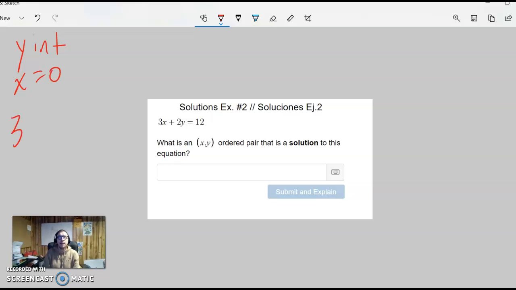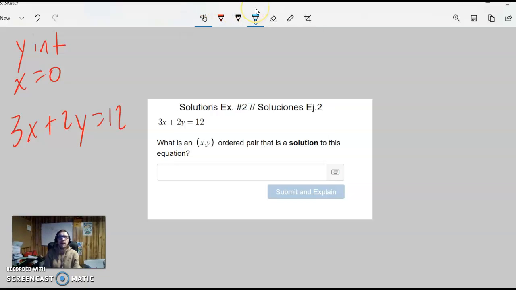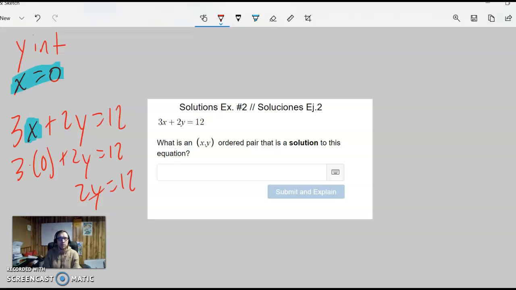I get to pick a value for x, put it in here, and I get 3 times 0 plus 2y equals 12. Well, 3 times 0 is 0, so I just have 2y equals 12. Divide both sides by 2, and I get y is 6. So when x is 0, y equals 6. So I'd have the solution 0, 6.